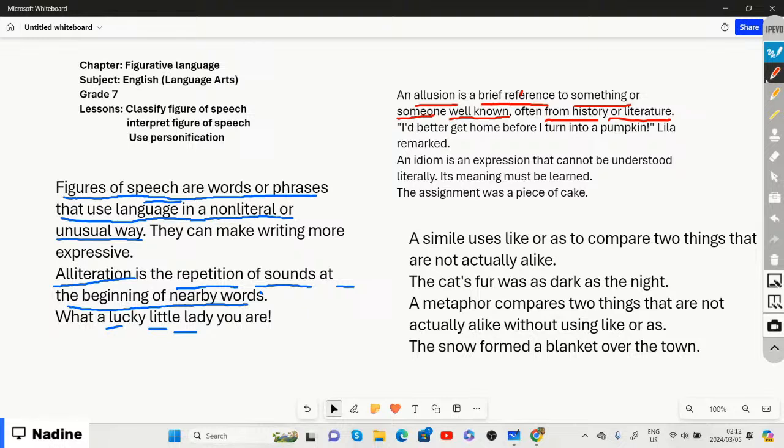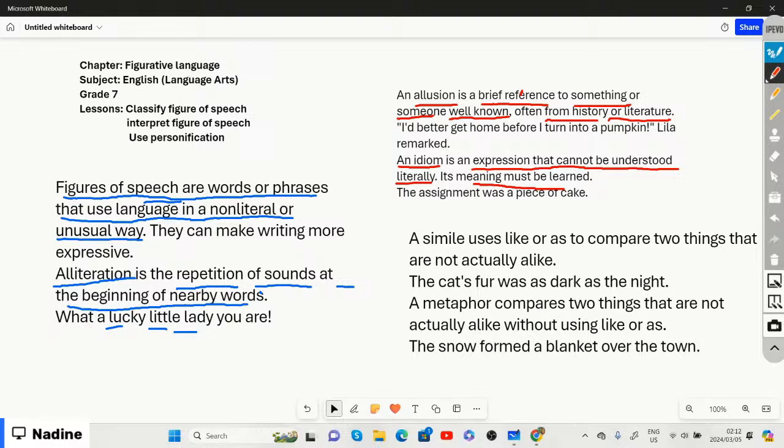And then we have an idiom, right? An idiom is an expression that cannot be understood literally, right? It can be confusing. And when it comes to idioms, it means that they must be learned, right?